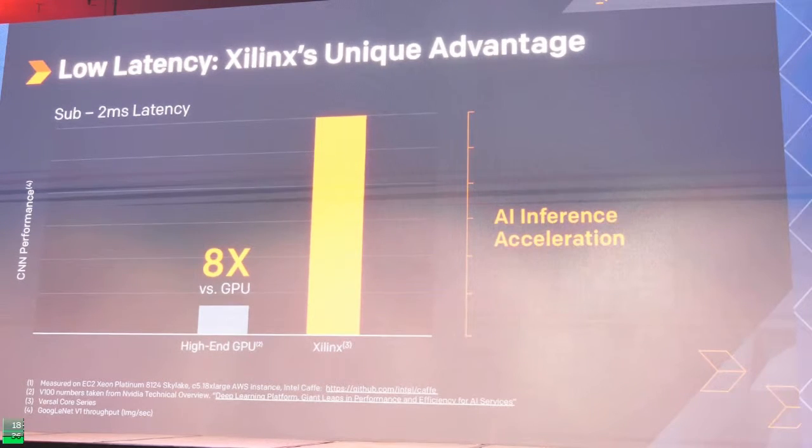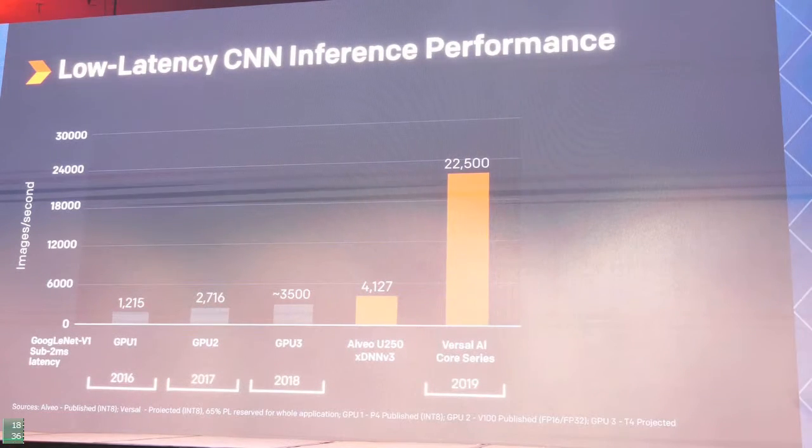Let me show you benchmark results with more GPUs and our current Alveo board and the Versal device. You can see Alveo gets about 4,000 images per second with a constraint of 2 milliseconds, and Versal gets about 22,500 images per second using GoogleNet. Significantly better than all the GPUs, even with our current board that we launched today.